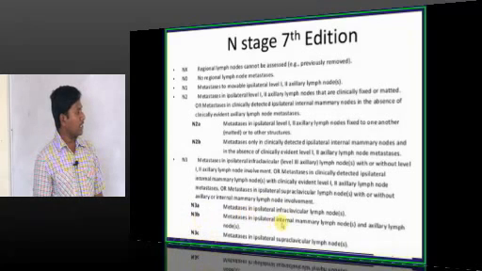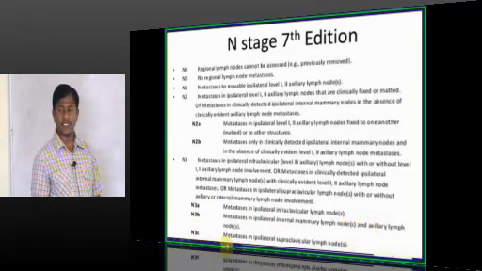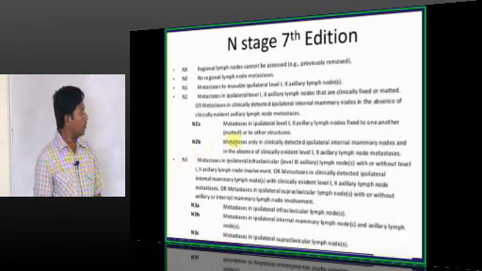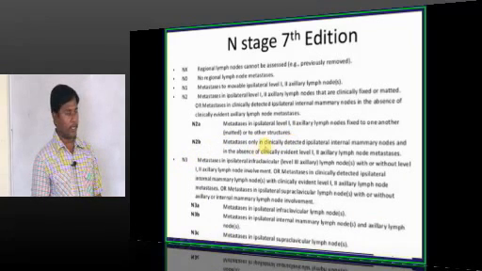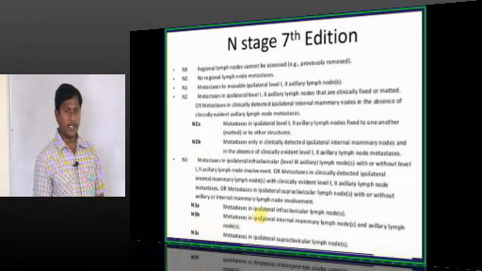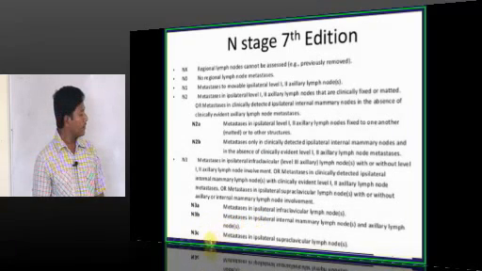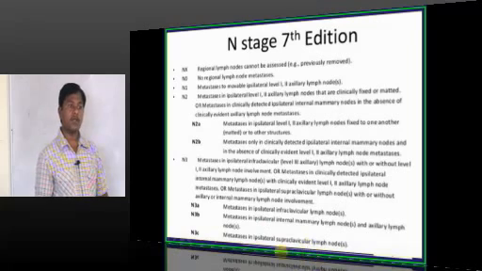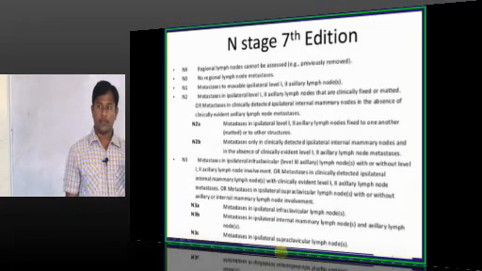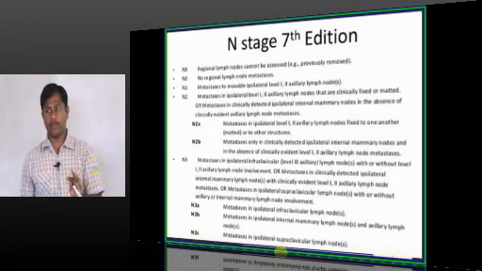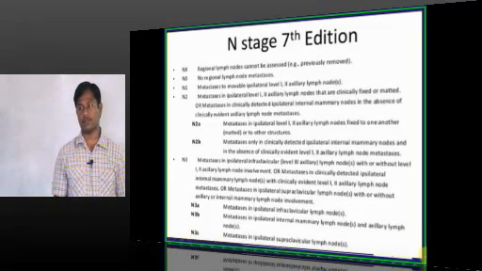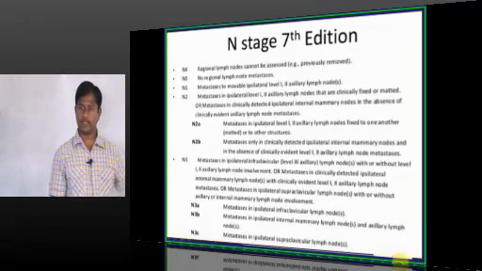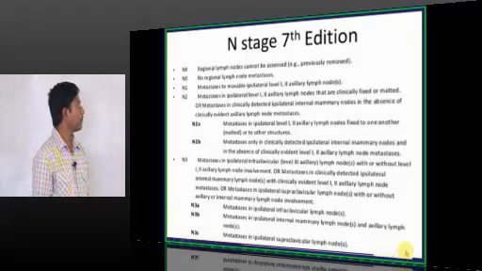N3b is ipsilateral internal mammary plus axillary lymph nodes. N3c is ipsilateral supraclavicular but not bilateral, on the same side only. When it is bilateral, that is metastasis. That is a commonly asked question, remember.